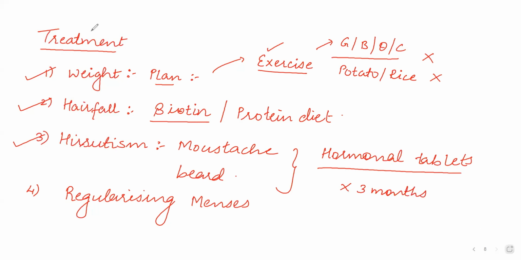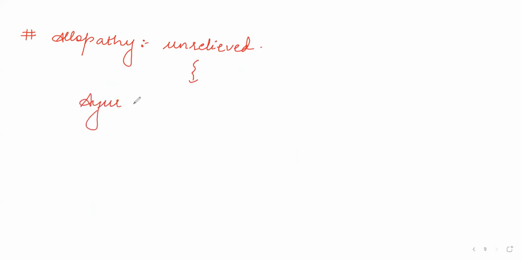But here I must tell you that in the long run, if any of your clients has been on allopathy, that is modern medicine, for a long duration and is unrelieved, then I must tell you that we have seen some wonderful cures in Ayurveda as well as with the homeopathic line of treatment.